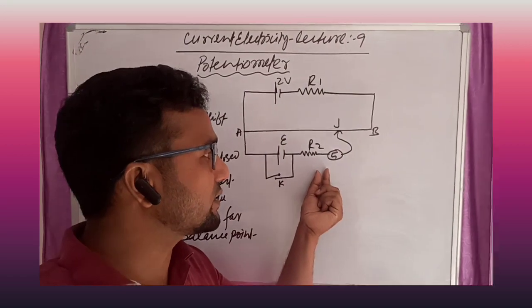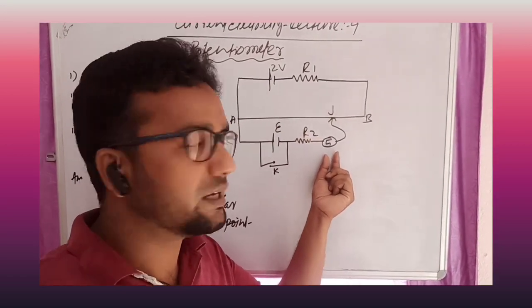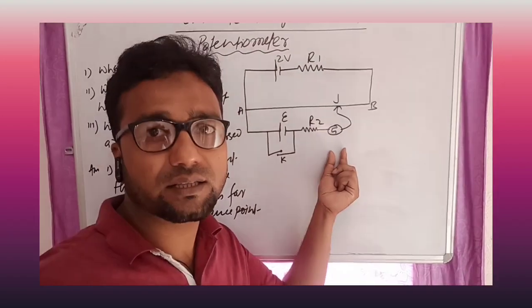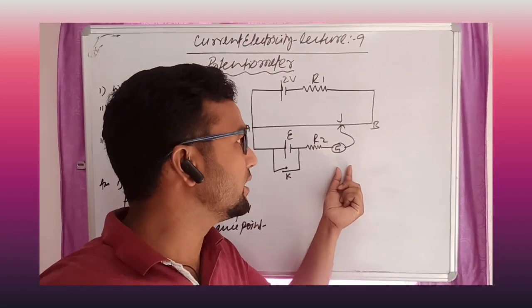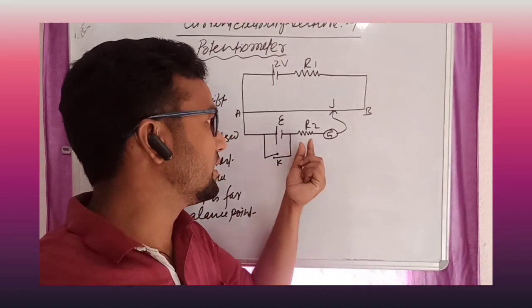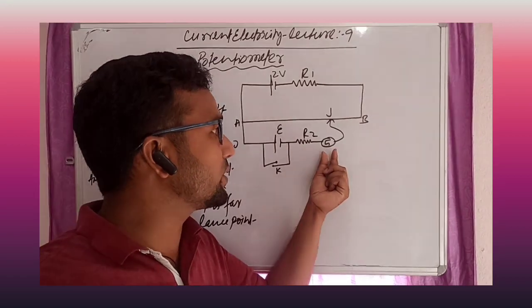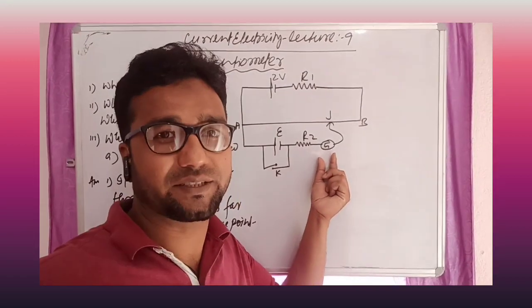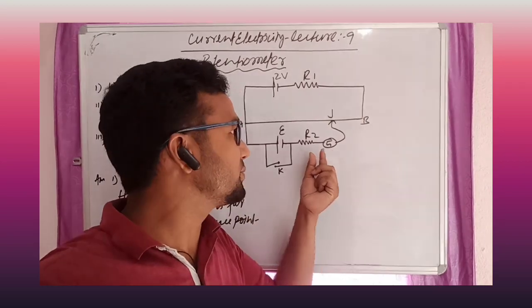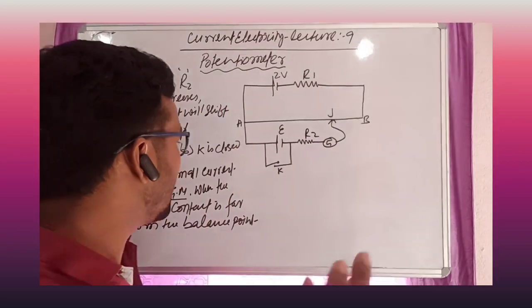Simple answer: R2 protects the galvanometer from burning, because the galvanometer is a very sensitive device and this R2 gives a controlled current to the galvanometer. So that is the purpose of using the high resistance R2 here.